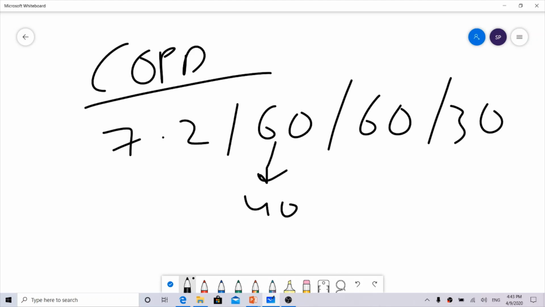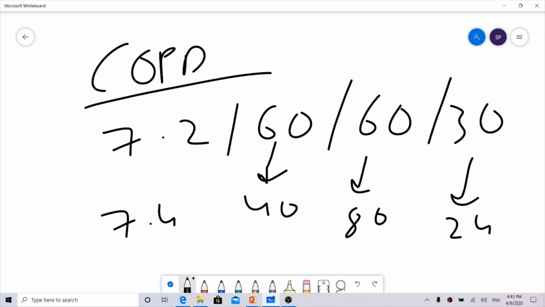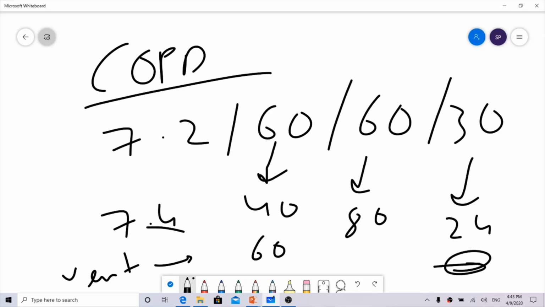Then the bicarb will become 24, the pH will become 7.4, and the CO2 will become, let's say, 80. But when you wean these patients off the ventilator, because COPD is a chronic condition, the CO2 will again go back to 60, but this will take time. So the pH will actually drop to 7.0, and that's a very bad condition. The patient will again land up in the ICU.